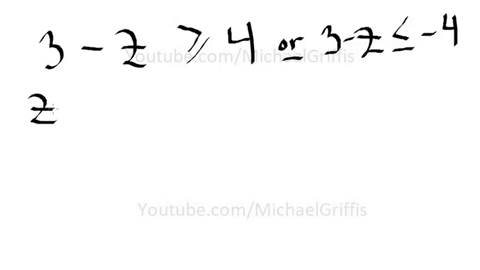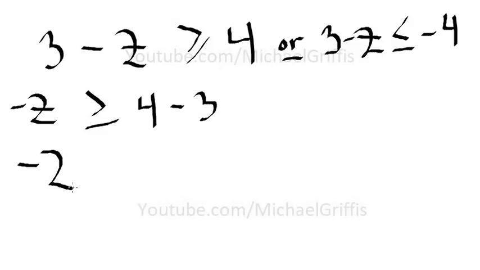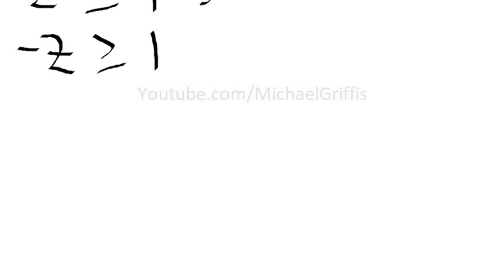And we got negative z is greater than or equal to 4, subtracting 3 from both sides. So we have negative z is greater than or equal to 1. Now, of course, we want that coefficient of z to be positive, so we're multiplying through by negative 1 on both sides, and so now we have to flip that inequality, right?